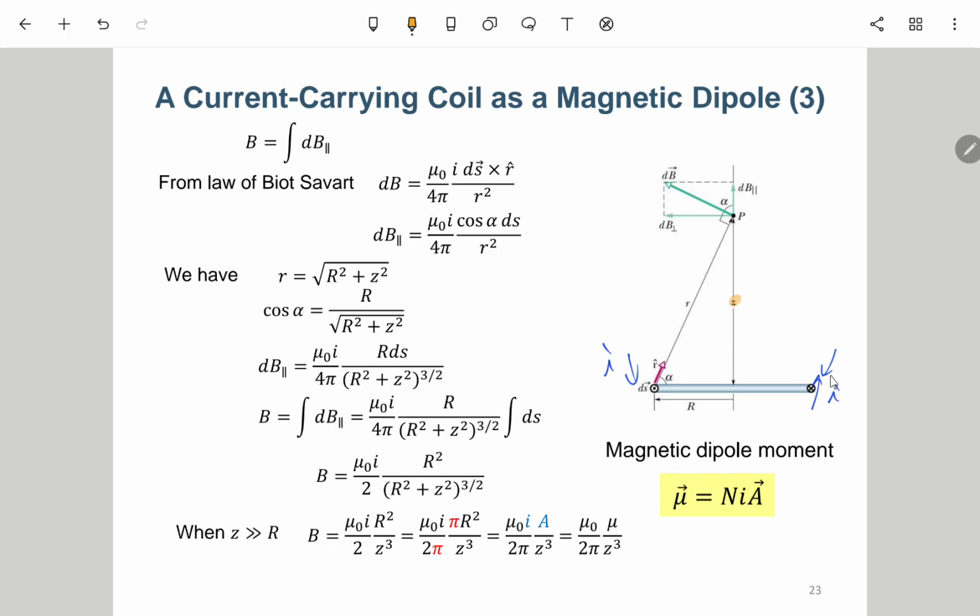And for this one, this is ds prime, pointing into the page, and this is the r hat for it. If you point your finger into the page and cross it to the r hat, your thumb is pointing to this side.